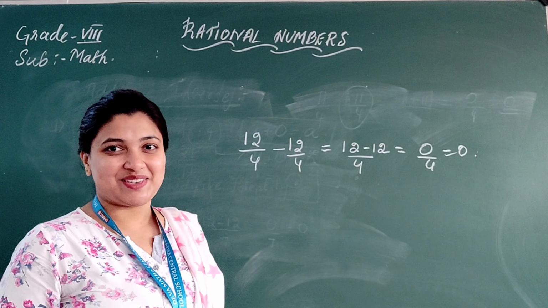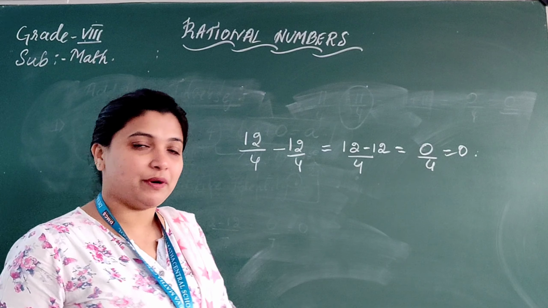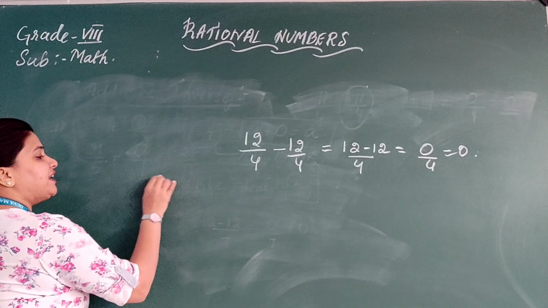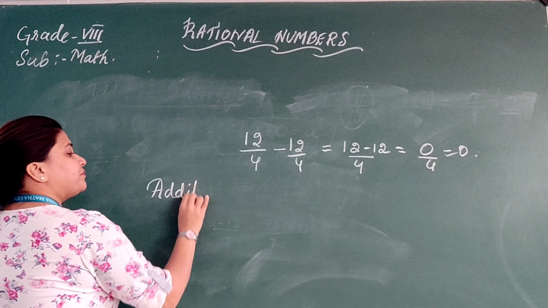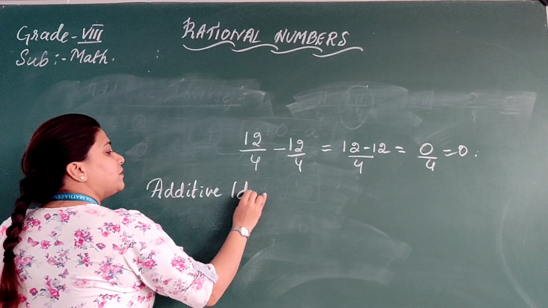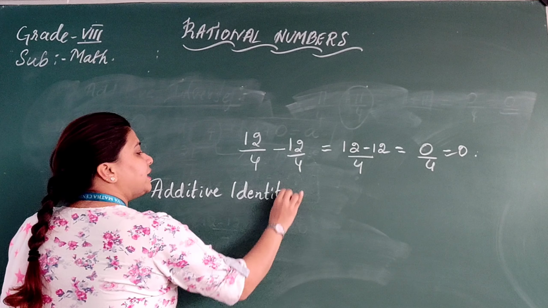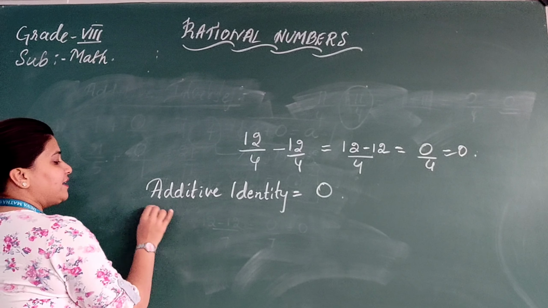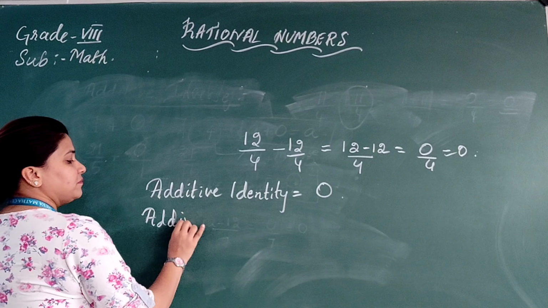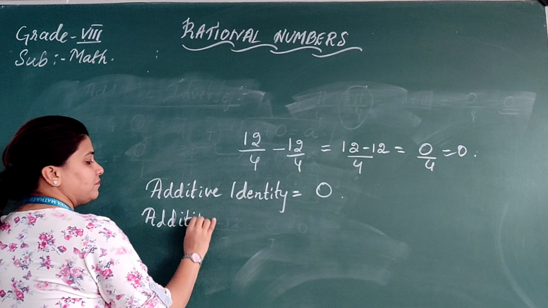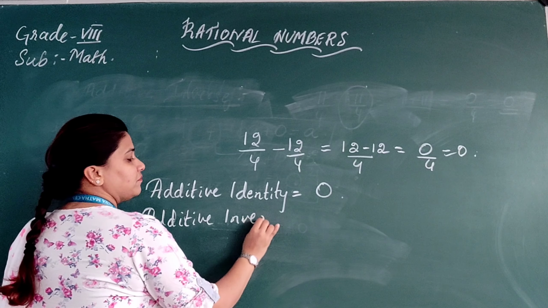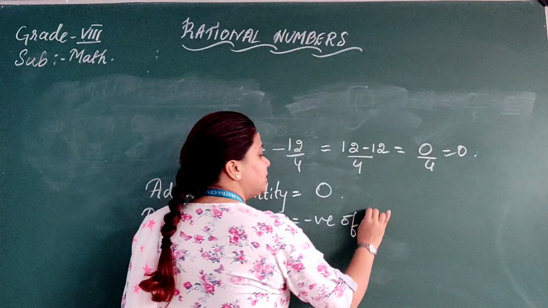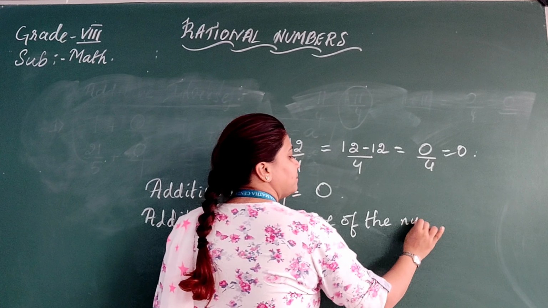Clear, children? Now, always remember that additive identity is 0, and additive inverse is the negative of the number given.